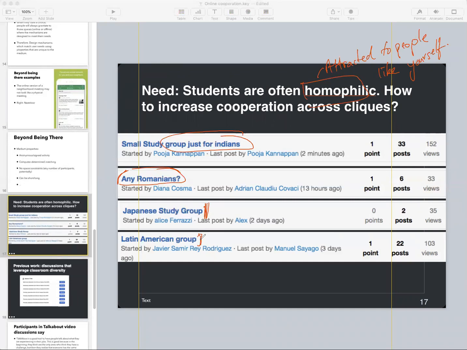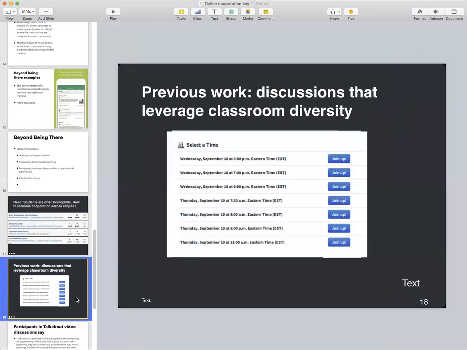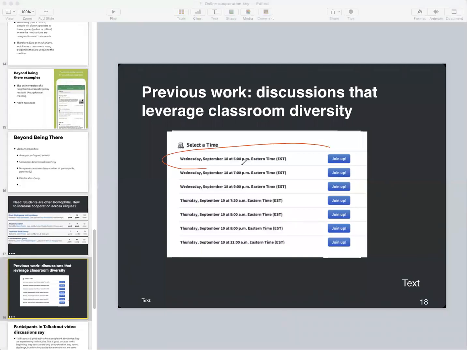such that they can learn from each other's experiences. So what we did was we created an online version of a jigsaw, and instead of asking the teacher to do the group assignment, we got a computer to do it. What students would do is they would first choose a time. For example, I will choose this time, I will join in for this discussion.